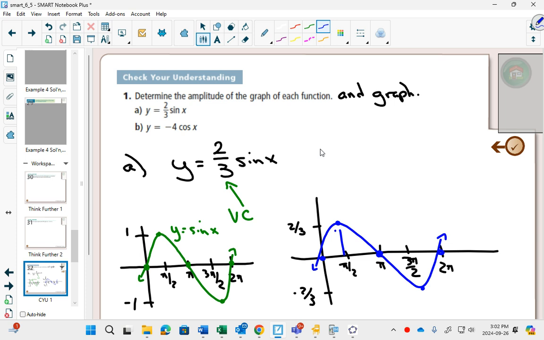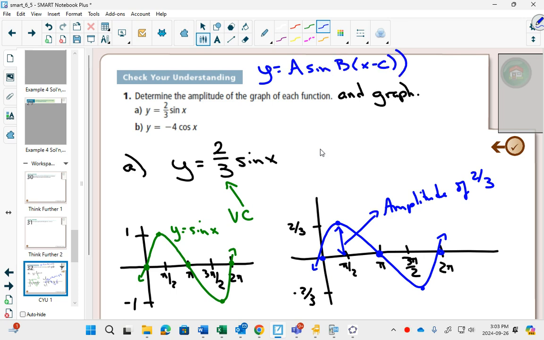And it has an amplitude of 2/3. And that's going to help us with a shortcut. With all of these, we're right now looking at what happens if you have an A value out in front.